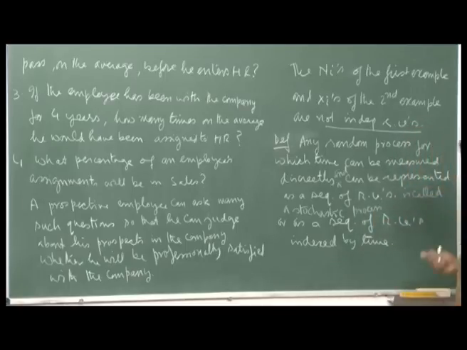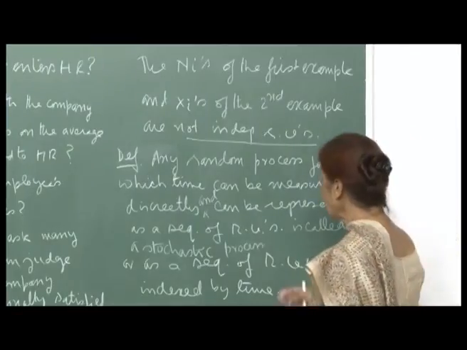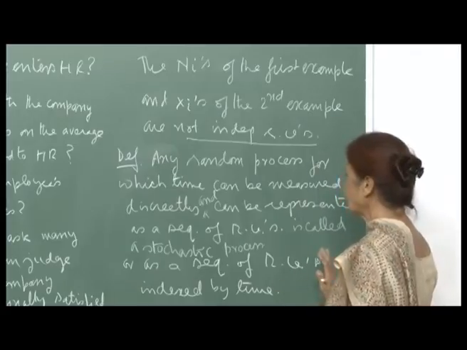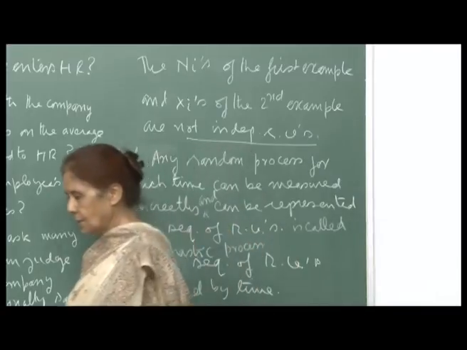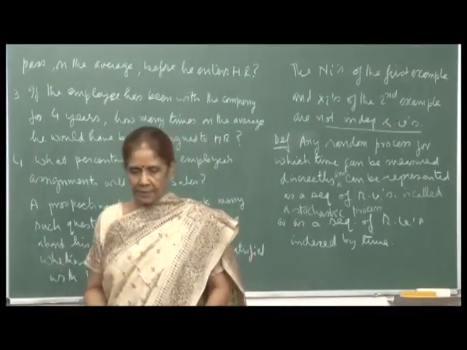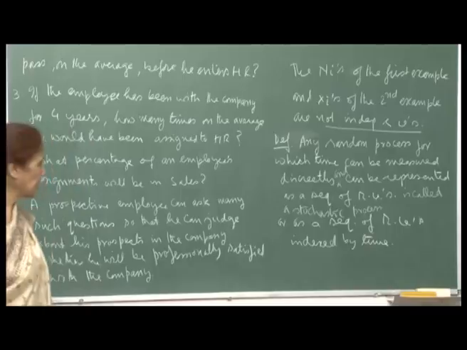Or very simply, you can say it is a sequence of random variables indexed by time. So a stochastic process, and definitely you can see that it is evolving over time, and then you want to look at its behavior.